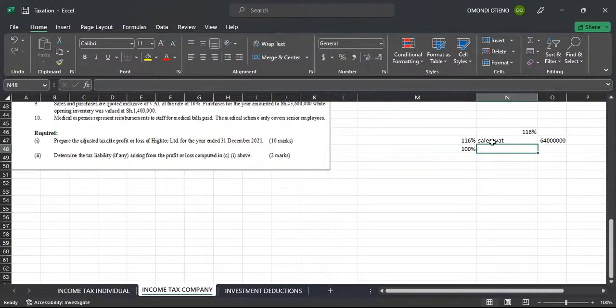The VAT which has been included there should not be recognized as revenue because we are just collecting it from these people and we are going to remit it to the revenue body. So let's get the real sales, that is 100%. The real sales, if 116% is 64 million, 100% will be what?